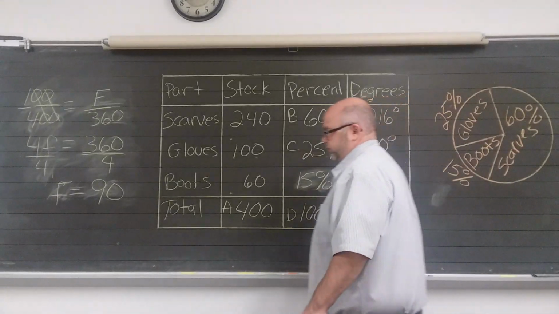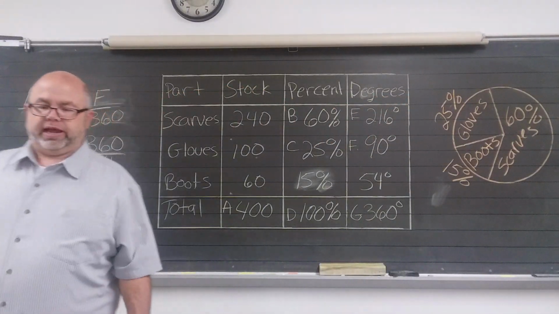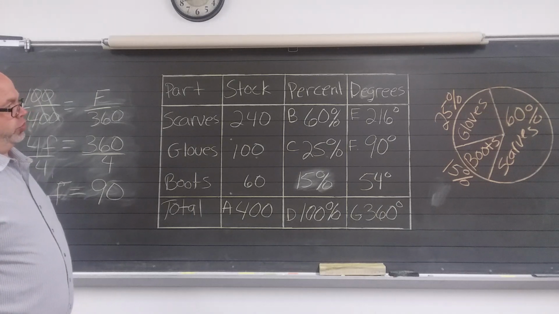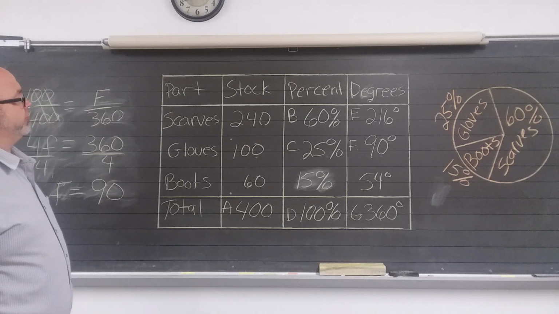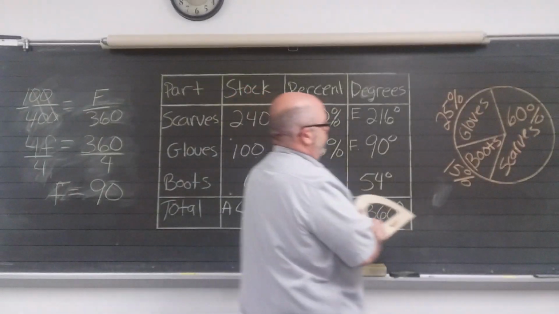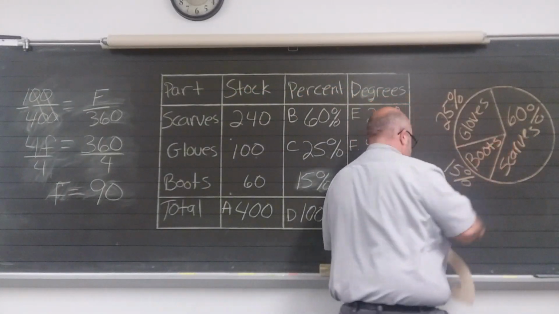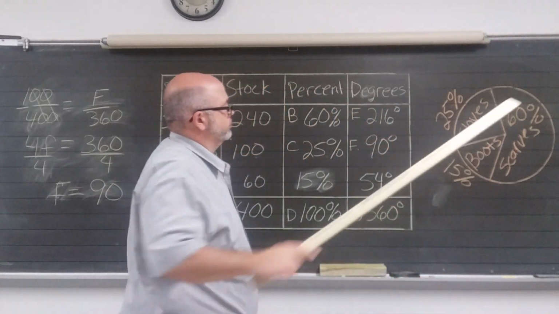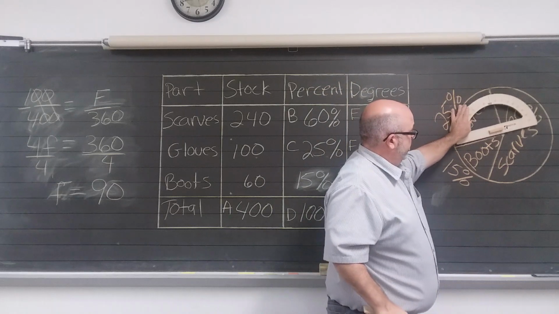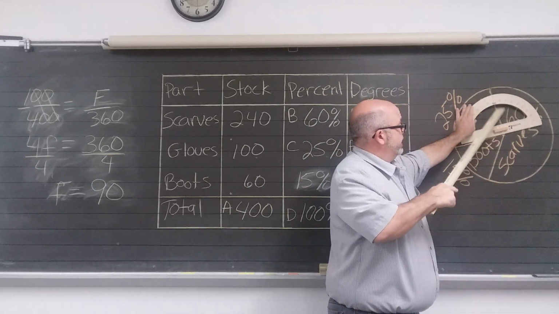All right, a little sloppy there. Try to do better than that. So that is what we do to make the circle graph. You have your information, make your angles. Draw a radius first, then make your 90-degree angle.